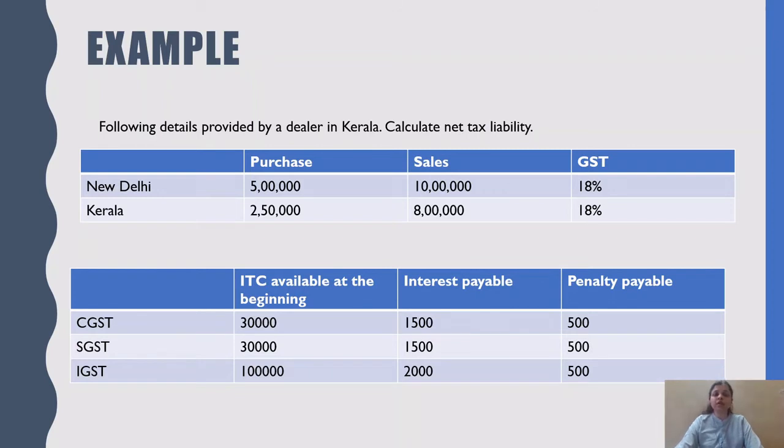So he, being in Kerala, has made outward supply to a customer in New Delhi. Again, both of them are in two different states, so it is an interstate supply. So again, on this transaction, IGST is applicable. However, now this time it is an outward supply. So this IGST he has collected from the customer, which now he is supposed to deposit. So it is his liability.